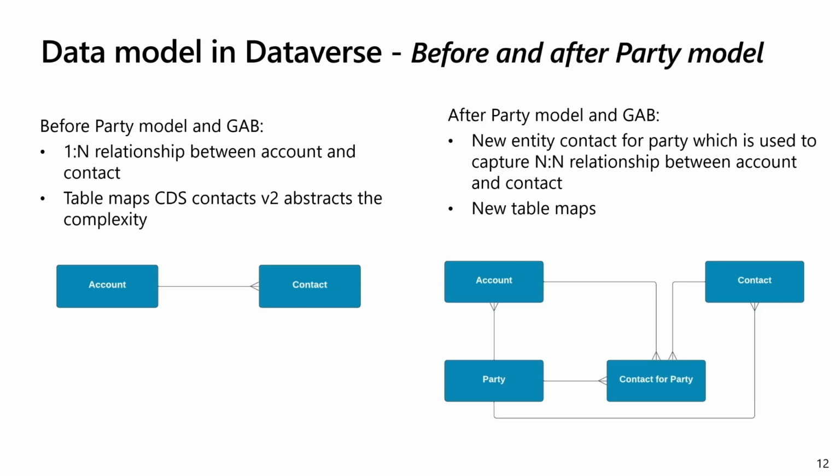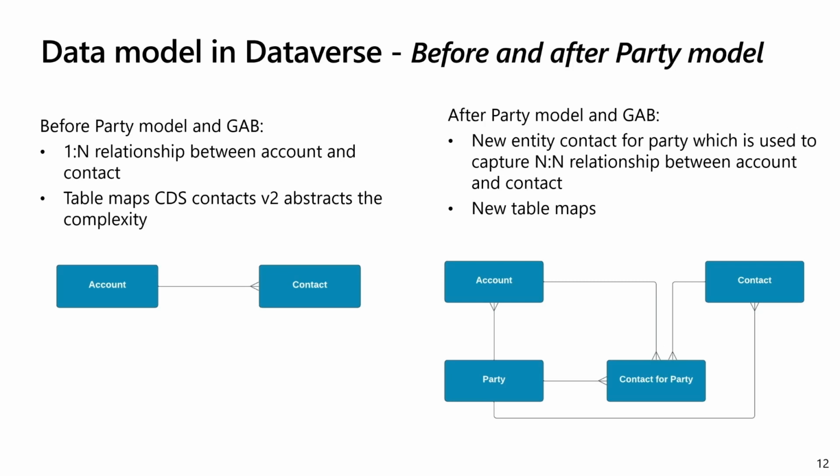As part of the party model and global address book solution, we are introducing explicit properties for classification and allowing for this many-to-many relationship between a contact, that is a person, and an organization, account, or vendor entity. To achieve this, we are introducing the two new entities shown here, party and contact for party.